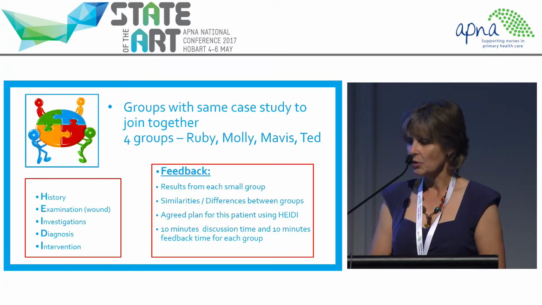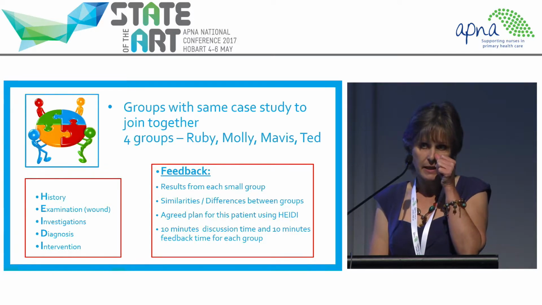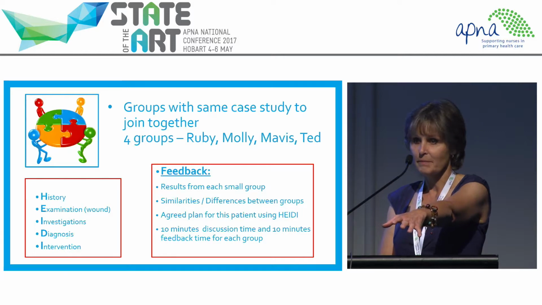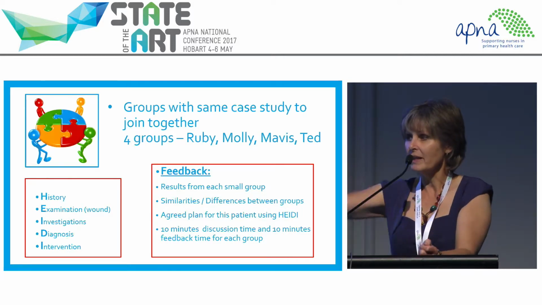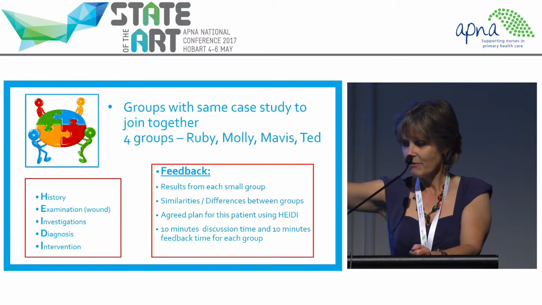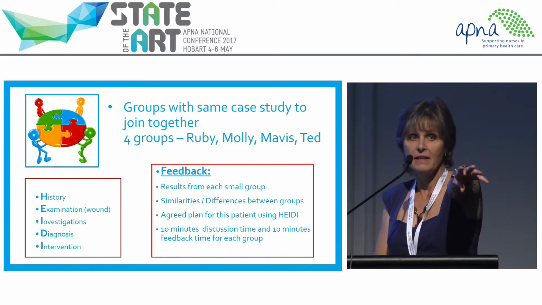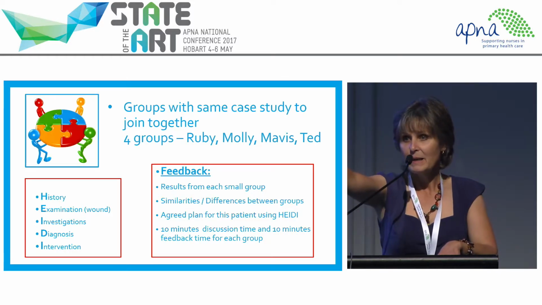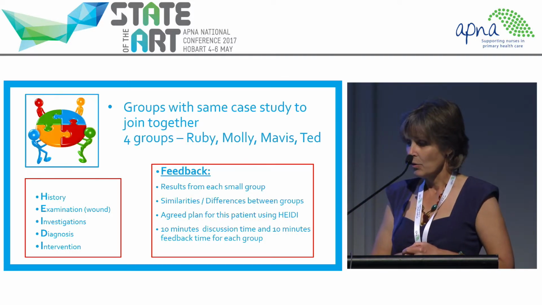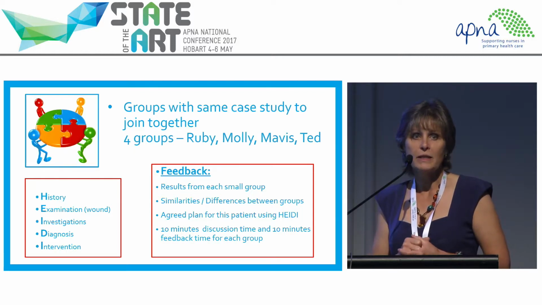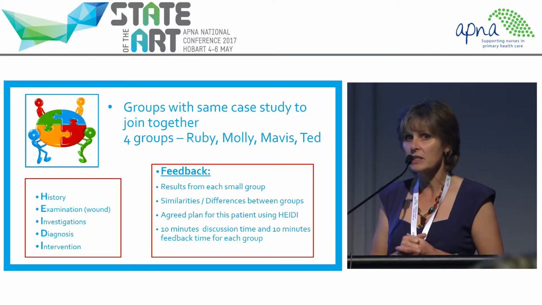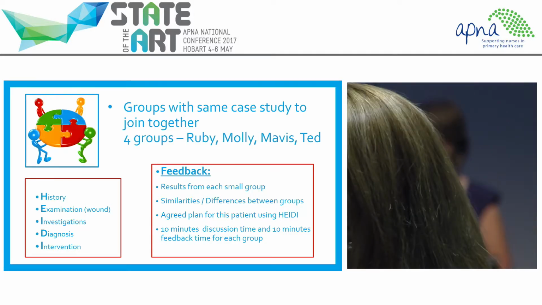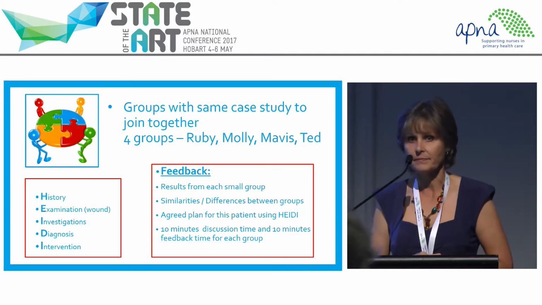So get everybody that is looking at Ruby to sit down at this front table, everybody that's looking at Molly over there, everybody that's looking at Mavis in the middle, and everybody that's looking at Ted, middle right. Give you a few minutes to discuss this. If you want more butcher's paper to write out your consensus, there's more paper down here at the front.